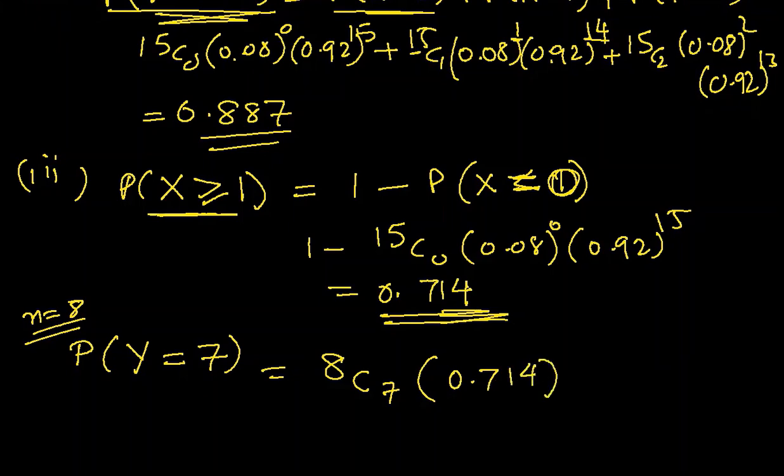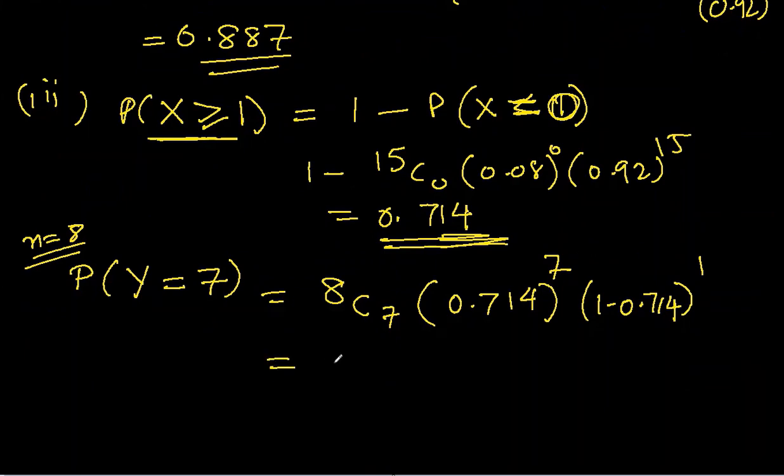This is what we want in 7 of them, and the remaining one will have 1 minus 0.714. Okay, let's use the calculator. Our answer is 0.216.